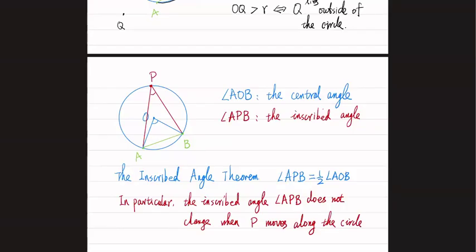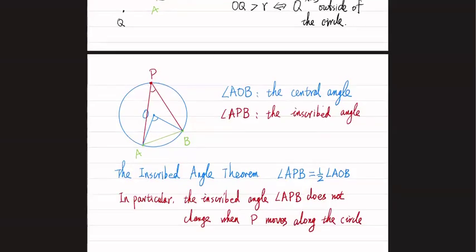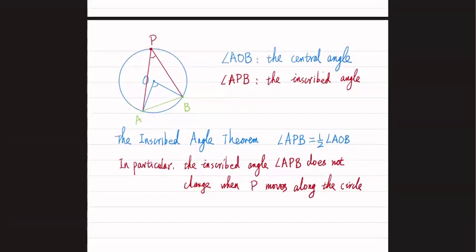As long as it does not pass A or B, it moves on this part. The inscribed angle theorem.